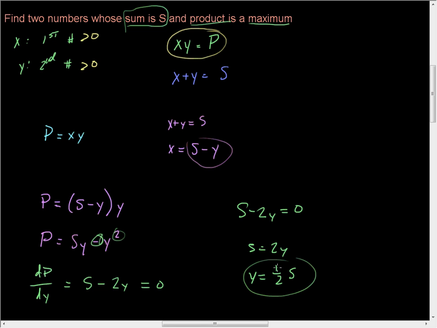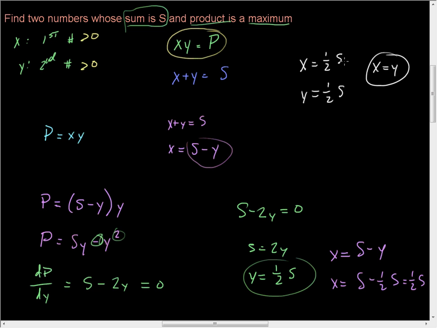So we know from above here that x is equal to S minus y, but y is 1/2 S. So x is equal to S minus 1/2 S, which is 1/2 S. Okay, so at the end of all of this, we have x is equal to 1/2 S, y is equal to 1/2 S, so x equals y. Okay, these are the values they're looking for. But the more important thing is the two numbers must be the same.